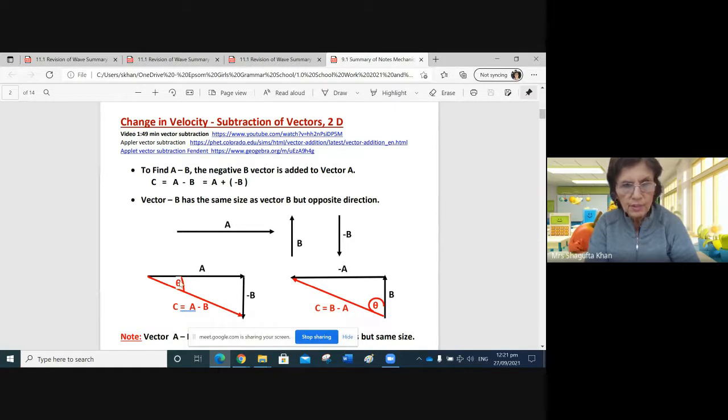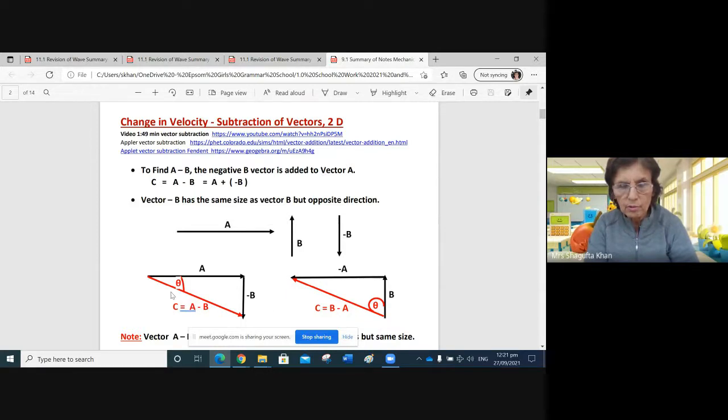So it's always final minus initial, not this and that. If you draw A and then B from there, that will be the addition of velocities, not subtraction. And we cannot do B minus A either, because B minus A gives you that answer, which is in the opposite direction to that.